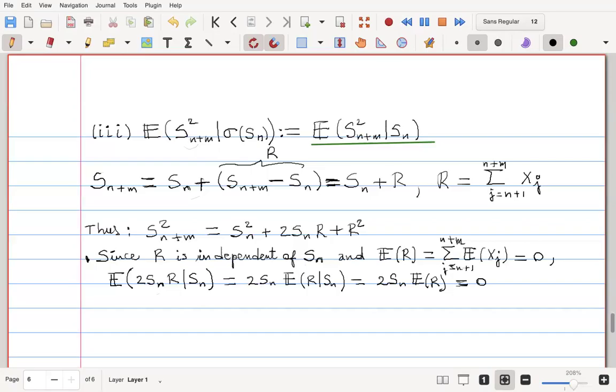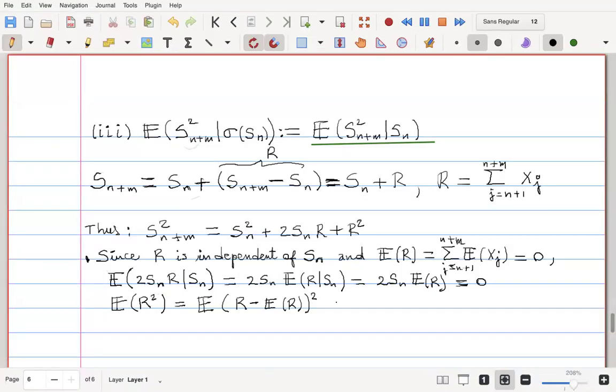Okay, so if we take R squared and compute this expectation, we know already that this is the expectation of R minus E[R] squared, because E[R] is 0, right?